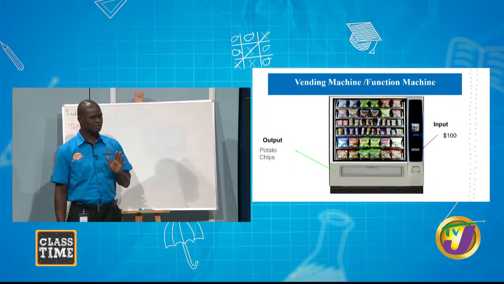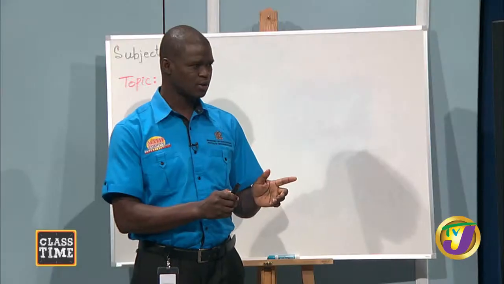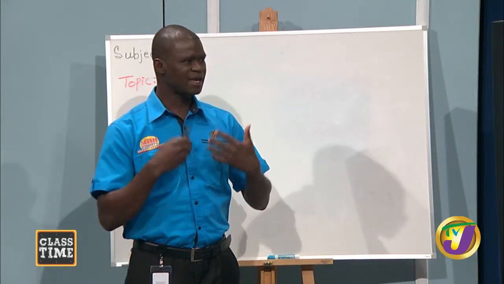If I input $150, I am expected to get banana chips. Similarly, if I input $120, I am expected to get a chocolate. So here we see that one particular input value will give me one output. A function behaves in this manner.